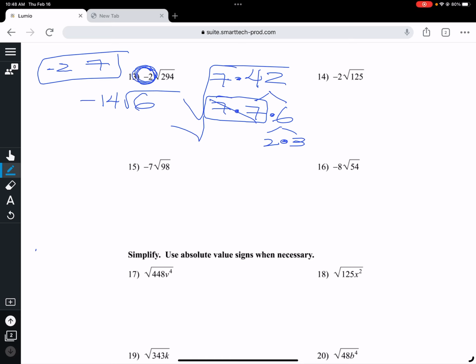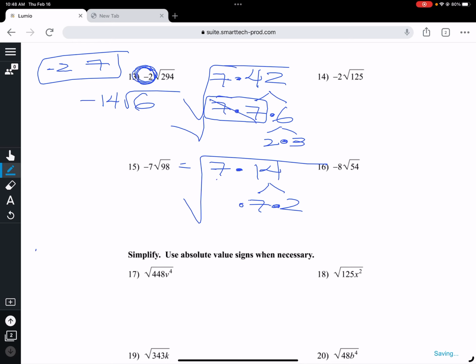Okay, so I told you that 7 works for the other one as well. So 98, what does it become? 7 times 14, and then 14 breaks down into 7 times 2.